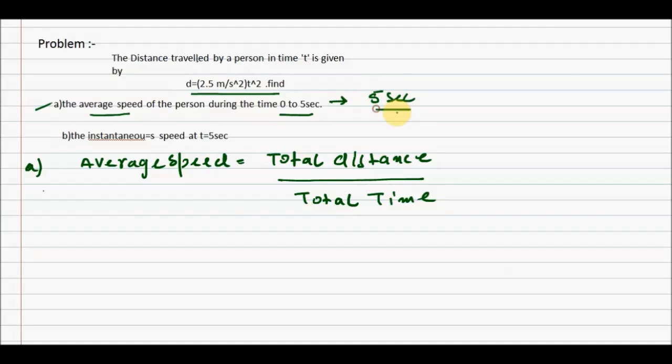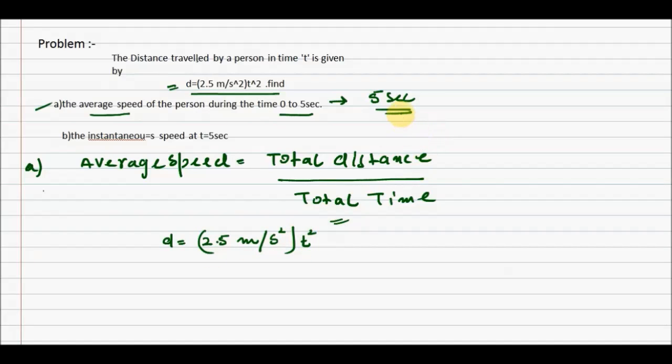So he travels only for 5 seconds, right? So total time comes out to be 5 seconds. Now the distance traveled in these 5 seconds can be calculated from the equation for distance, d is equal to 2.5 meters per second square into t square, right?